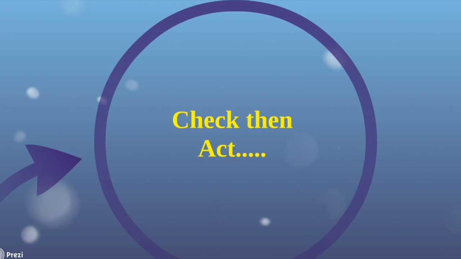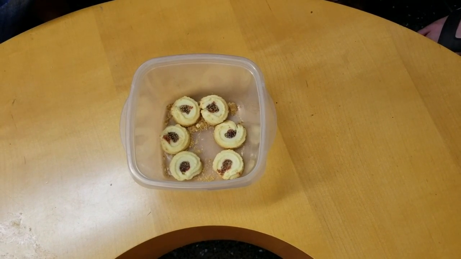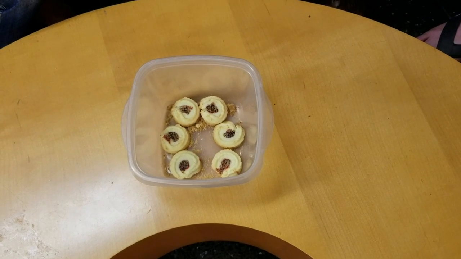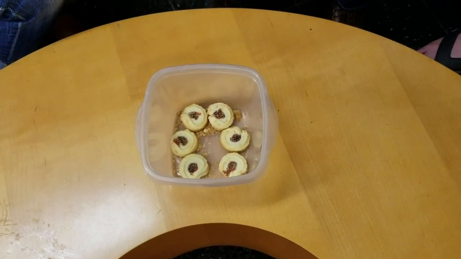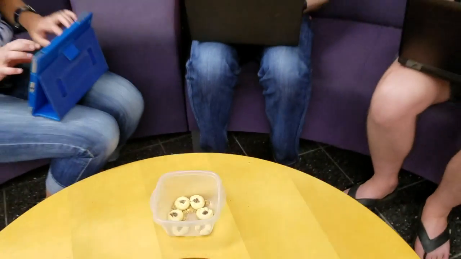The first one we're going to demonstrate right now is the check then act. Container represents a shared variable with the starting value of 6. The number of cookies is the value of the variable. Jason, Eric, and Amber are processes that share this variable.